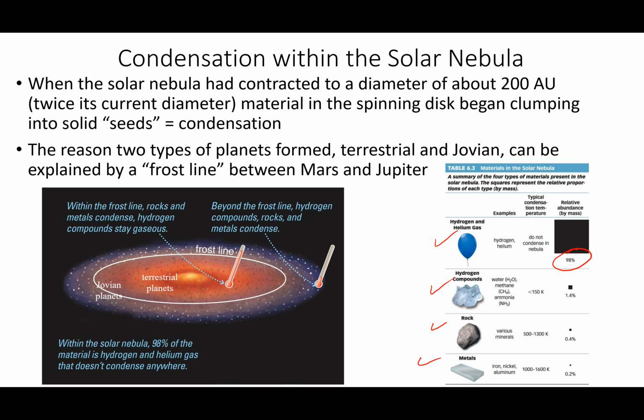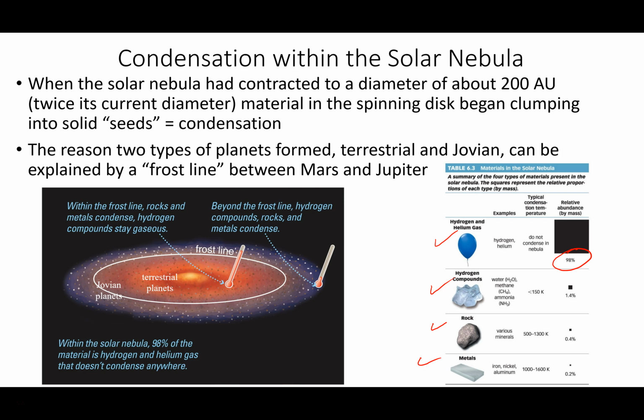So this is saying the temperatures at which these things would go from a gas. Can you imagine rock in vapor form? It will turn into a liquid at about 500 to 1,300 Kelvin. And here you need to get it less than 150 Kelvin for your water, these ices at low pressures, to condense.